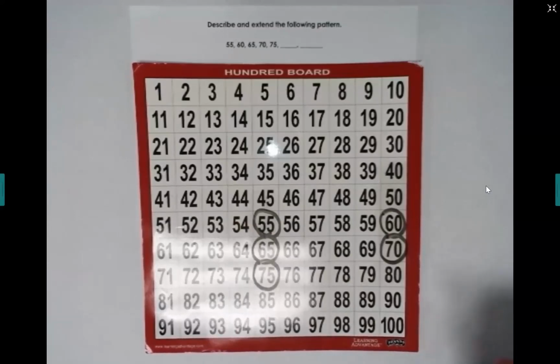So this pattern, I can say, is a growing pattern. But again, just like we talked about before with growing and shrinking patterns, I need to know how it's growing. How is it increasing?